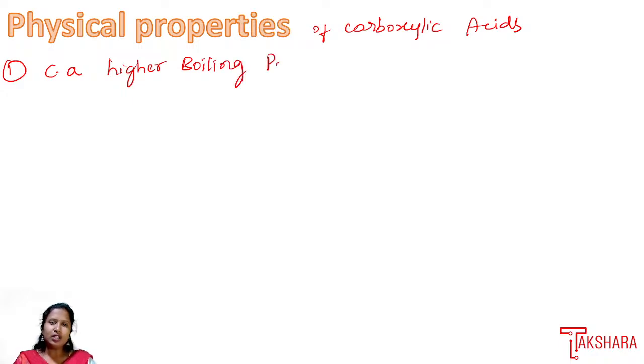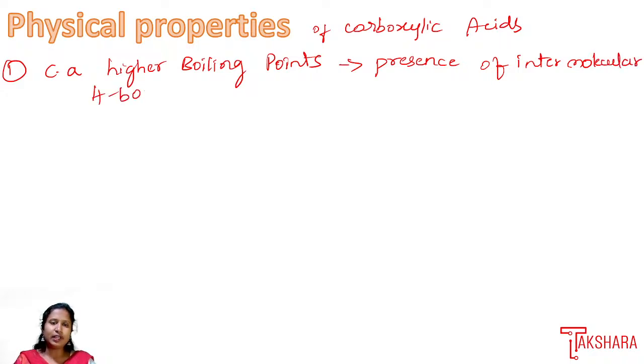Why do they have higher boiling points? Because of the presence of intermolecular hydrogen bonding. So this is the first physical property.